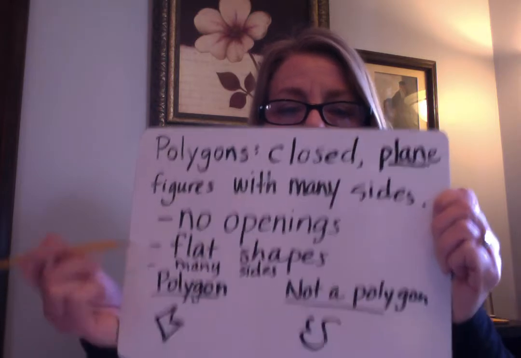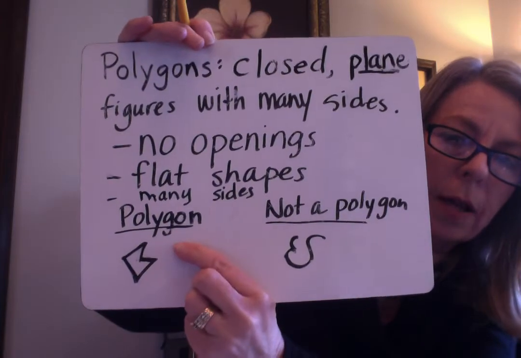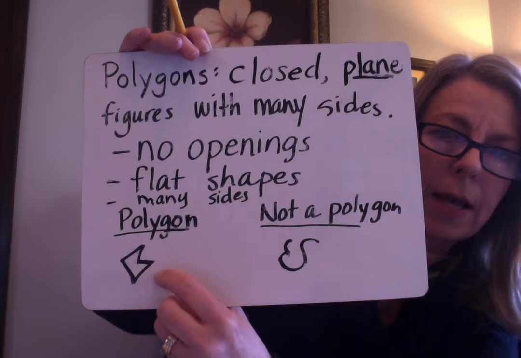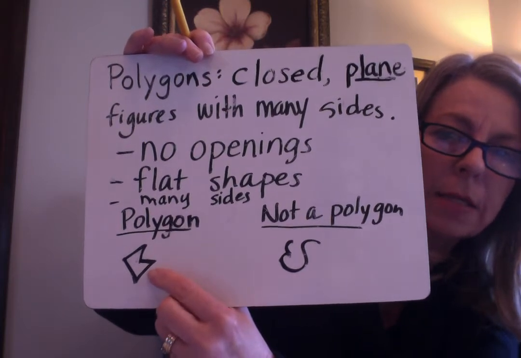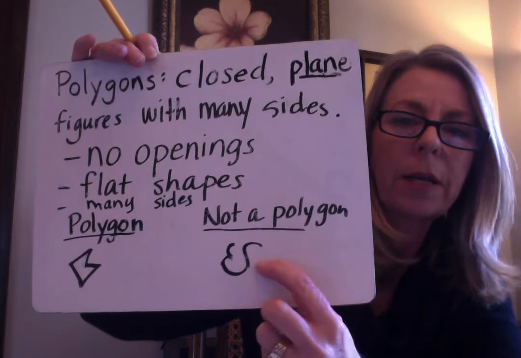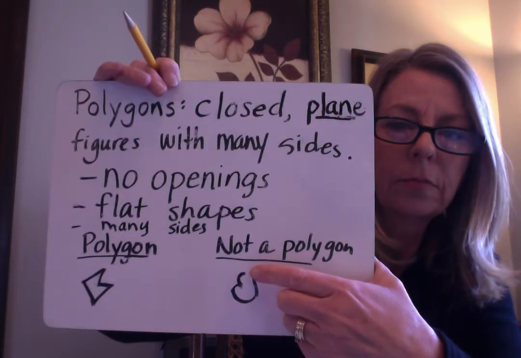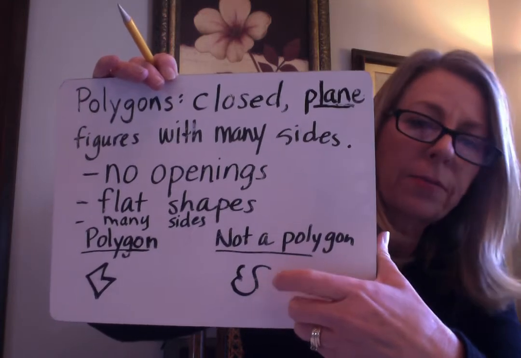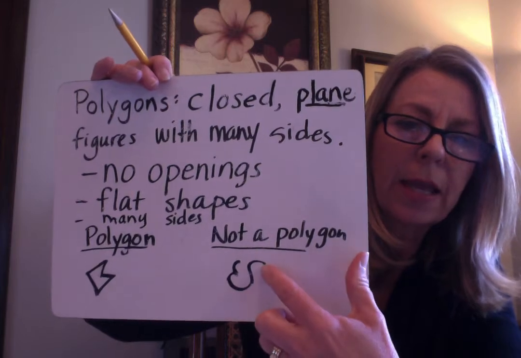Okay, so I gave you some examples and non-examples. So here, this is a polygon because it's closed. There are no openings. It's a flat shape and it has many sides. So that would be considered a polygon. Look at this shape right here. It has an opening right here, so that doesn't make it a polygon. It is flat, but do we even have any line segments making a side?